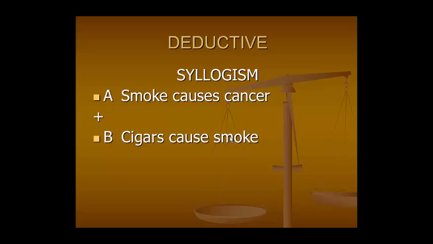These are things that are repeated in both of these sentences. And with good math skills, when you are doing a word problem and you have a word repeated in your premises, you cancel them out. So I would cross out smoke in both of these sentences, and what I have left would be my conclusion, which would be cigars.